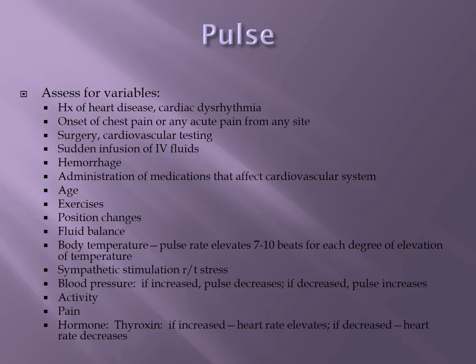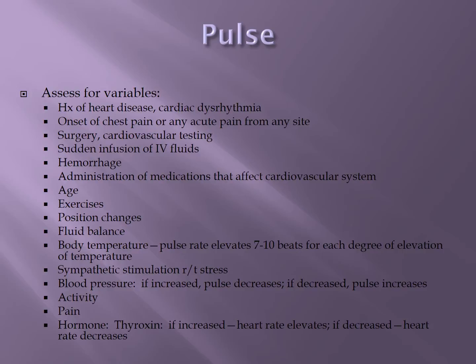In them, because all of their muscles have been toned, and the heart is a muscle, that muscle has also been toned, so it doesn't have to work as hard, and their resting heart rates are going to be much lower than what we consider a normal heart rate to be.